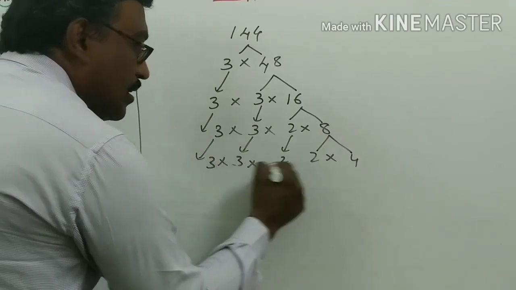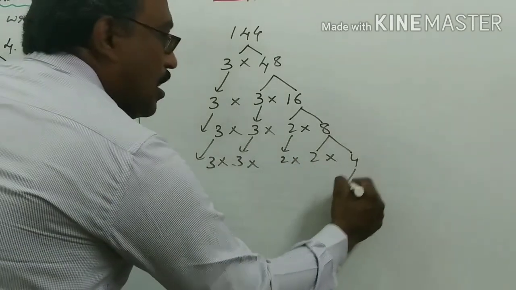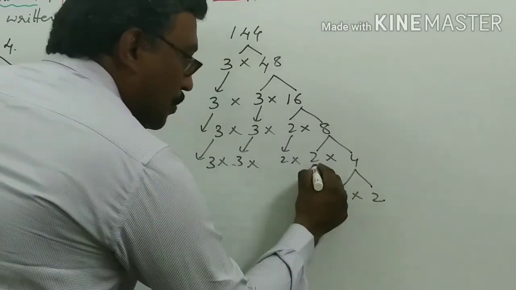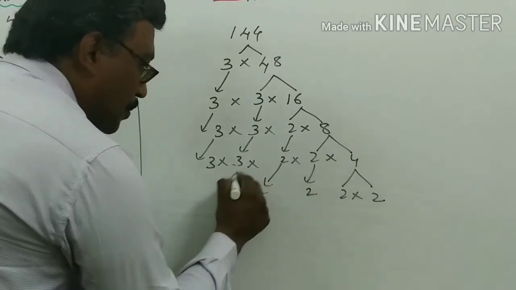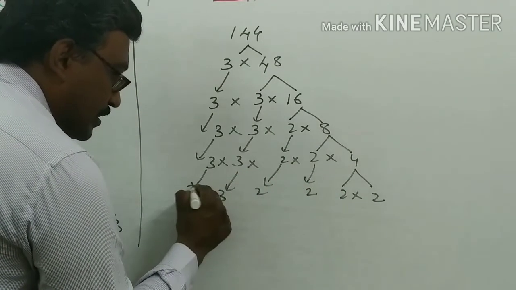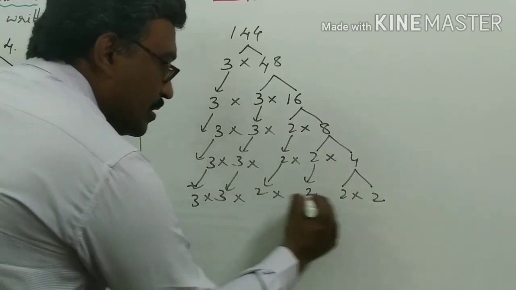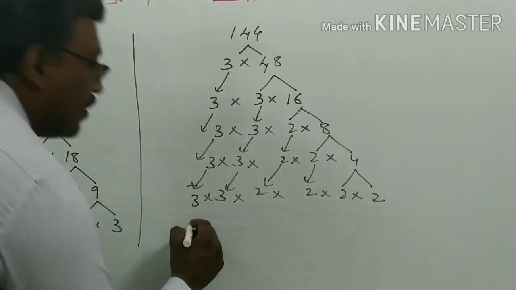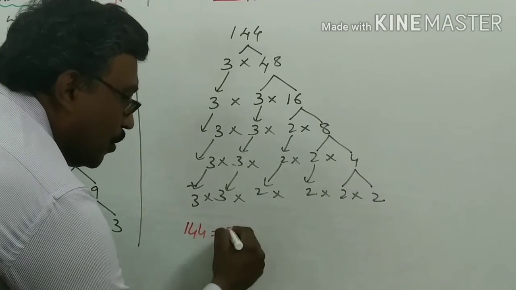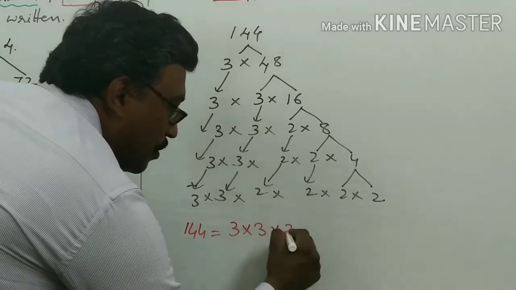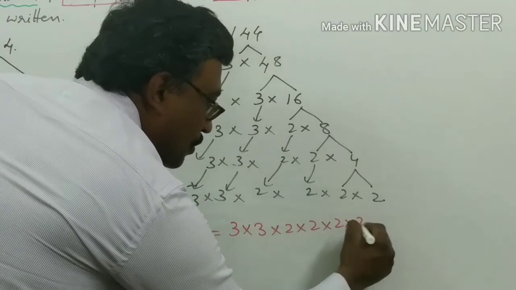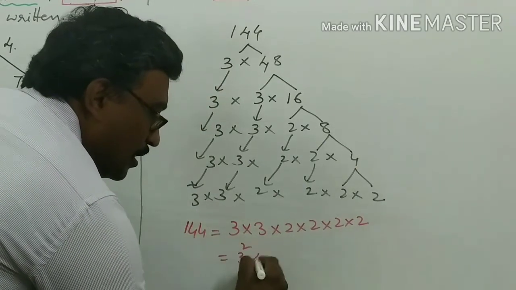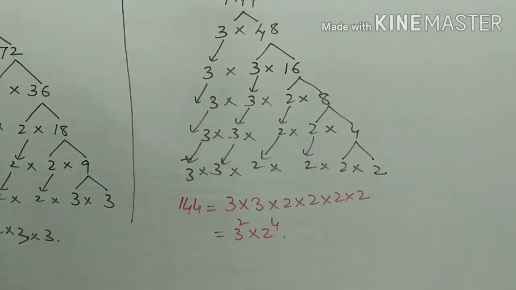Now the same number 144 is equal to 3 into 3 into 2 into 2 into 2 into 2, that is 3 square into 2 power 4.